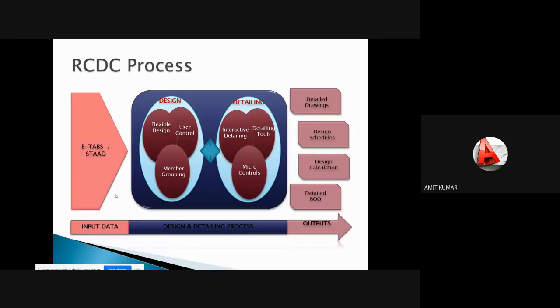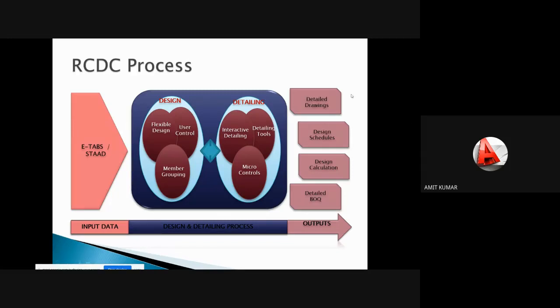Okay, when we provide the StatPro file to the software, it will process it, and in the processing it will design and detail everything. Okay, so in the designing part, it will design the CAD files, and also it will design and detail the reinforcement details, that will be your schedule drawings, and you will see all these details in the output.